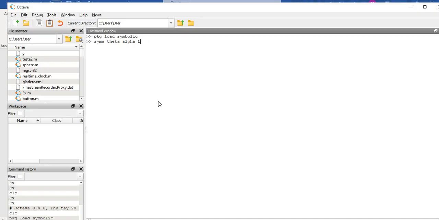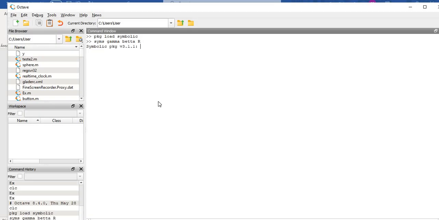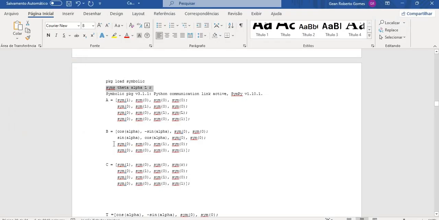So they are gamma, beta, and R. Perfect.